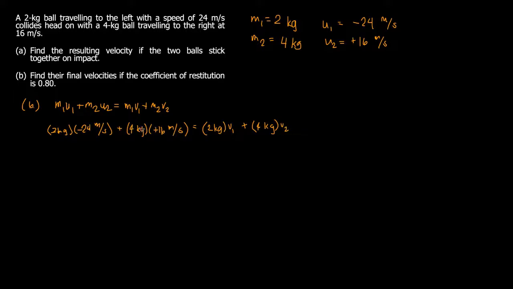So simplifying this, that's gonna be 2 v sub 1 plus 4 v sub 2 equals, ano yung nasa left hand side, 16 meters per second. Which we can simplify further as v sub 1 plus 2 v sub 2 equals 8 meters per second. This is our equation 1.